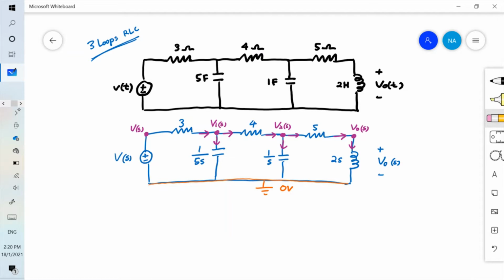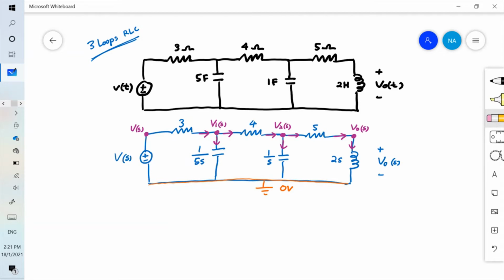In the time domain, capacitor is 1 farad. Converted into S domain, it will become 1 over S. And for the output component, which is an inductor, in the time domain, it is given as 2 Henry. And converted into S domain, it will become 2S. So now you have your S domain circuit.